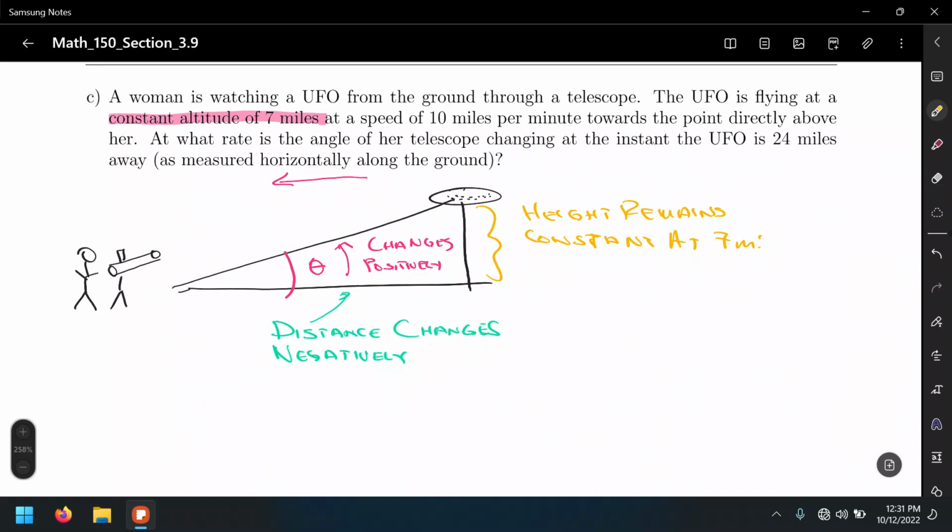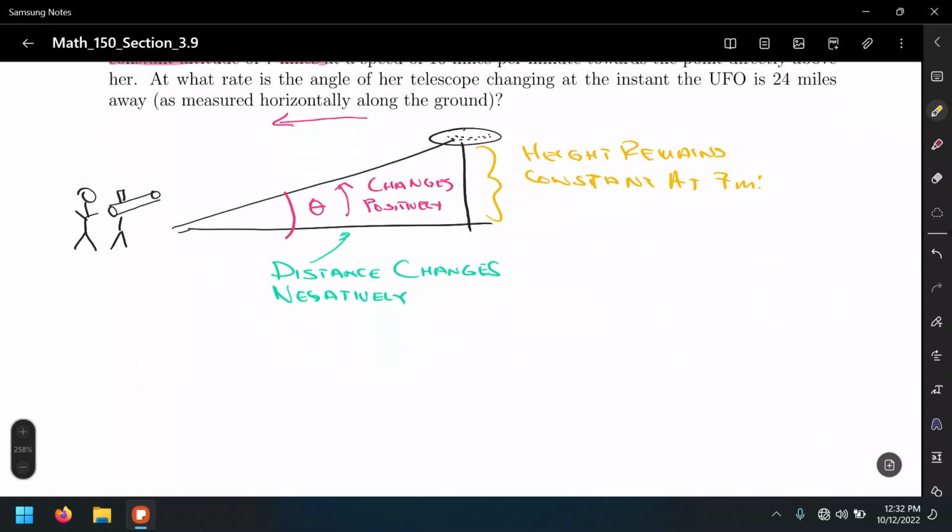So the thing here is, at what rate is the angle of her telescope changing at the instant the ship is 24 miles away? Alright, 24 miles away, that represents horizontal distance. Are you guys with me with that? Okay, I'm going to draw another triangle to set up a function so we can do the calculation.